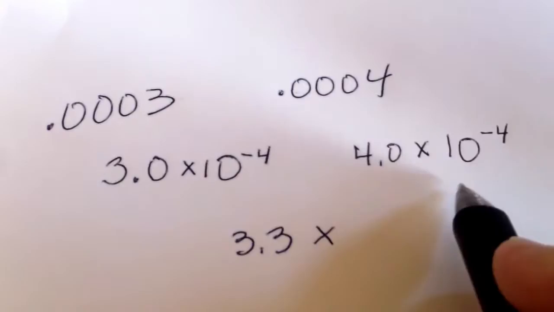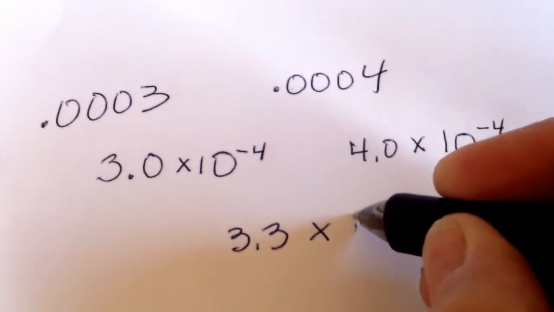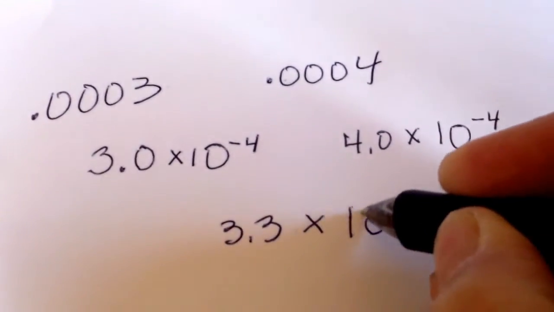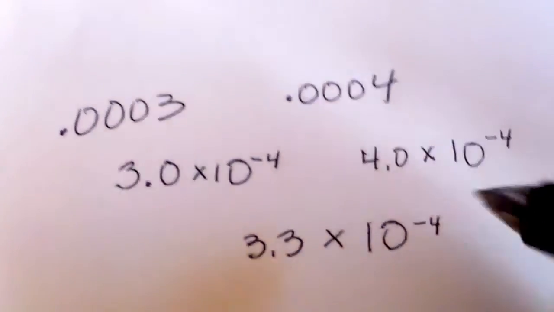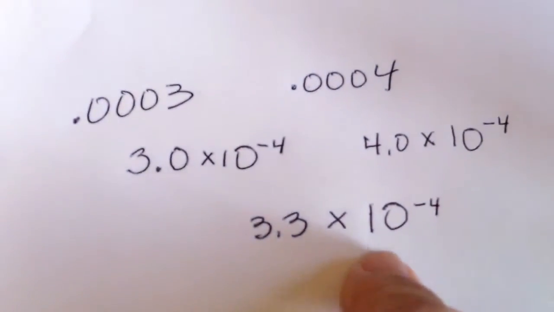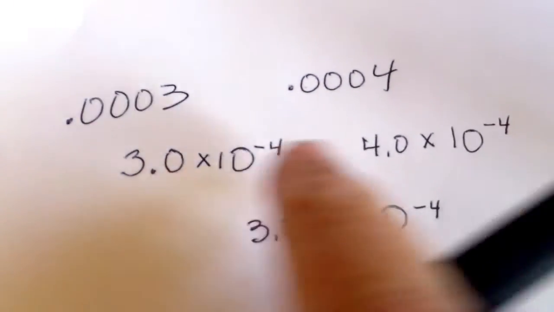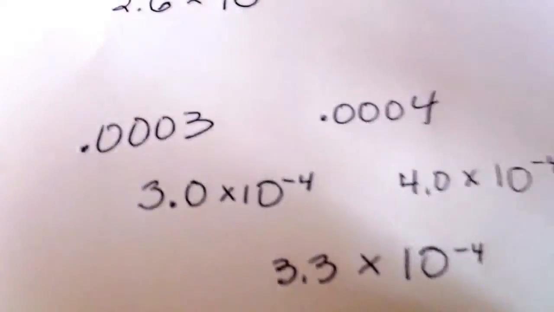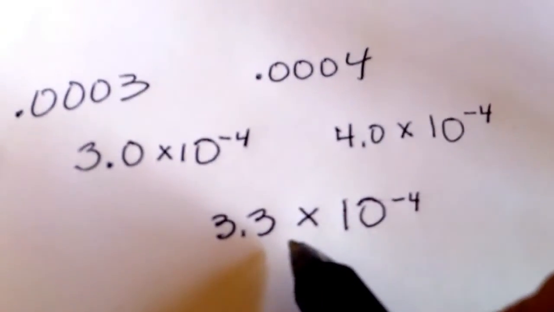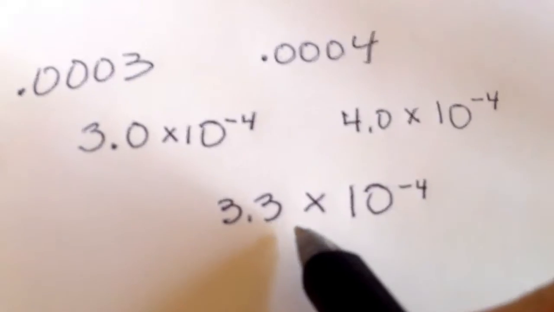Since these are raised to the same power, I can just raise this to the same power, and this value is in between this value and this value. Well, what does this look like if I write it in standard notation?